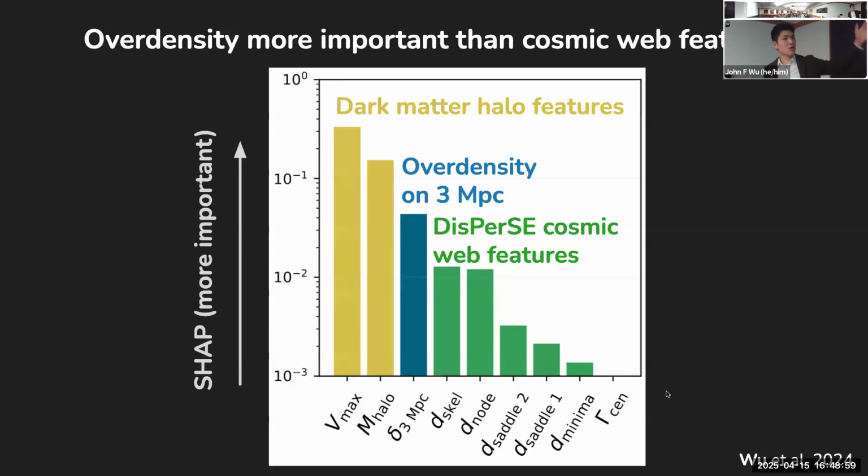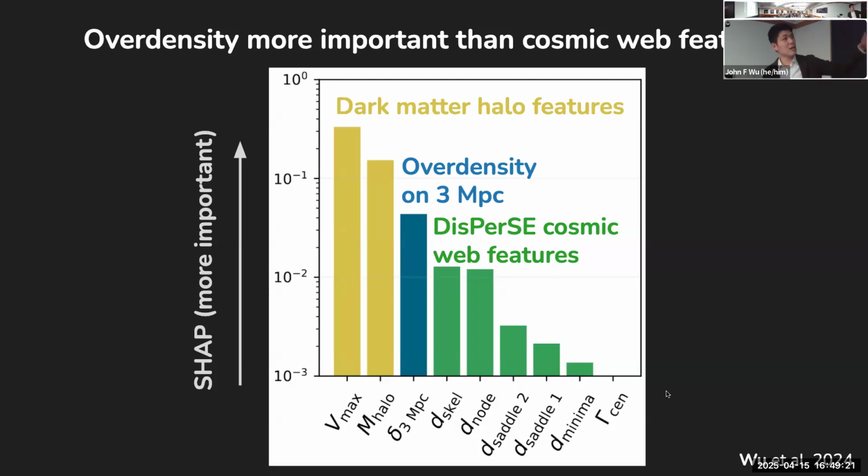And on the y-axis here, we're quantifying SHAP importance, the Shapley additive explanations. Basically, this tells you how much each feature contributes to a model's prediction. It's a way to fairly distribute the prediction significance to each of these parameters.